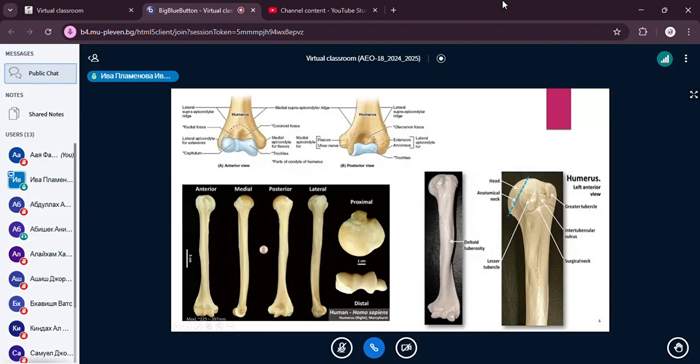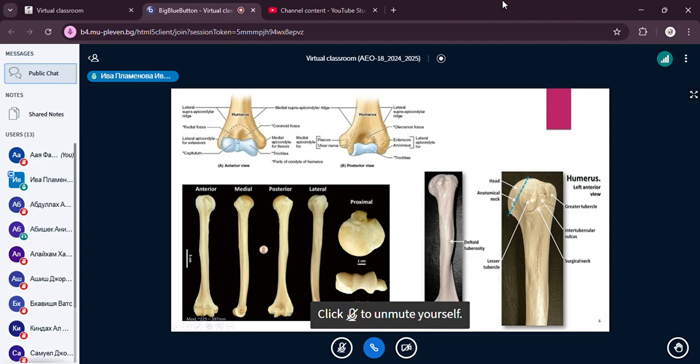So, distally to these epicondyles is the condyle of the humerus with two parts, lateral, which is called capitulum humeri, and medial part, which is called trochlea humeri. Above them, we have fossae here.